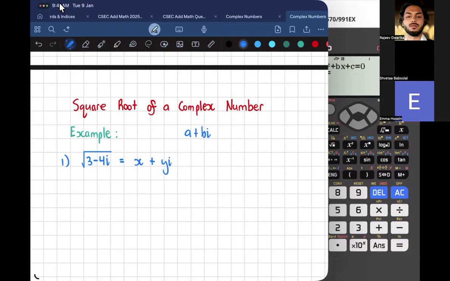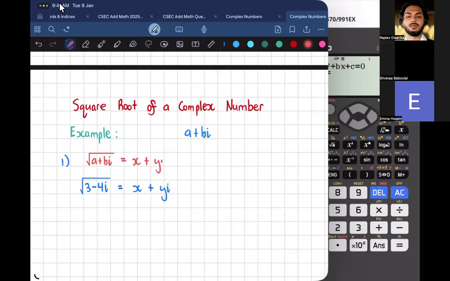As a matter of fact, a plus bi would actually be 3 minus 4i. So the final answer would be in the form x plus yi. It's also a complex number, right?